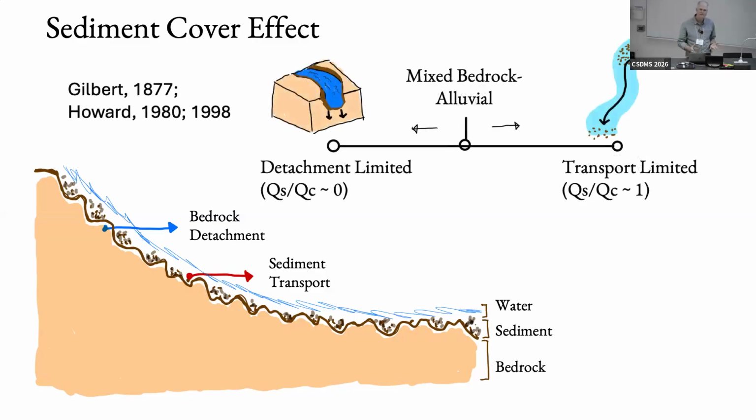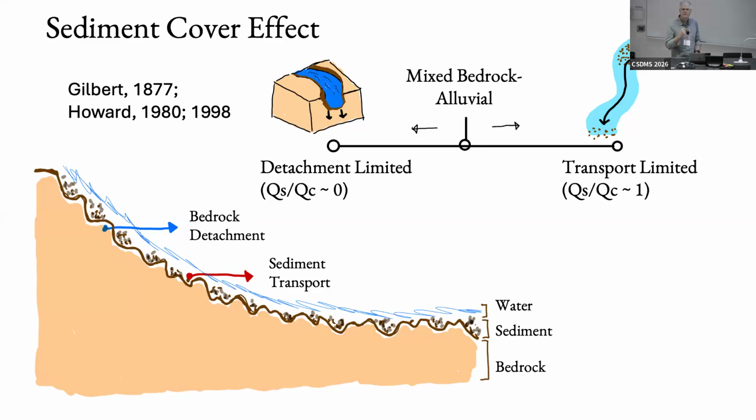So this is something we've actually known about for a long time. Gilbert talked about it from his work in the Henry Mountains. And Alan Howard kind of nailed the problem about 1980, describing in general that you can have a whole slider between what we call detachment limited situations, where the incision into the evolution of the bedrock channels is all about eroding the rock.